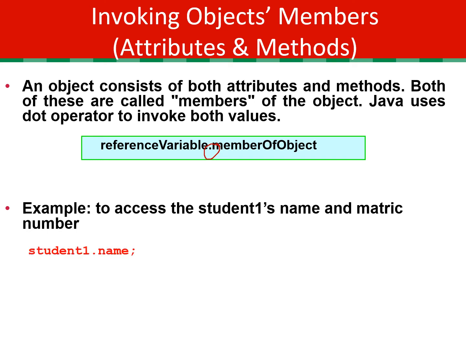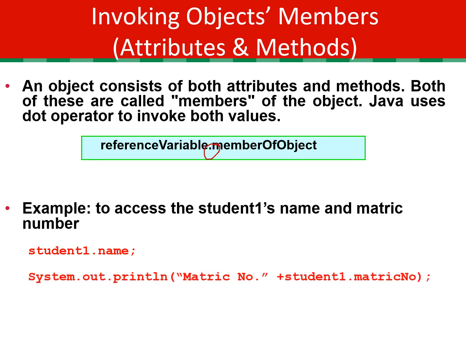For example, if you want to access the name of the student, you use student1, which is the reference name that we have created, dot name. Or you can do it like this: you want to print something, student1 dot metric number. This is an example of how you can access the attributes inside the object.